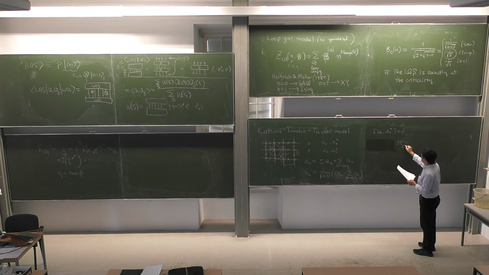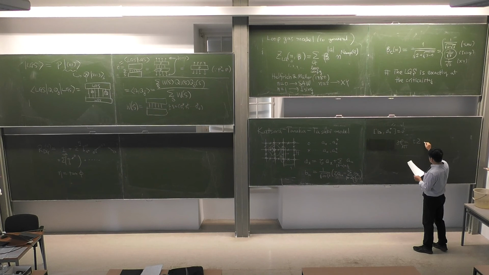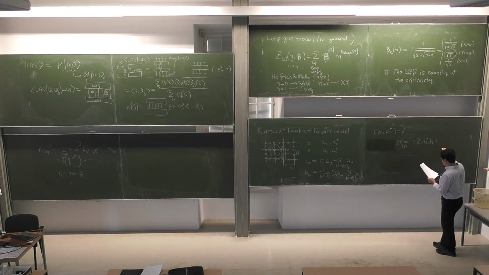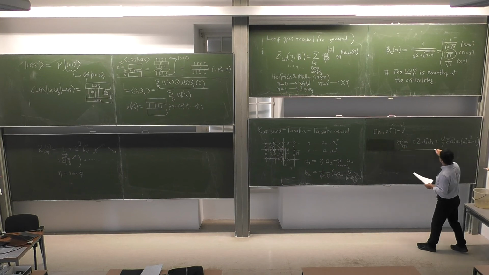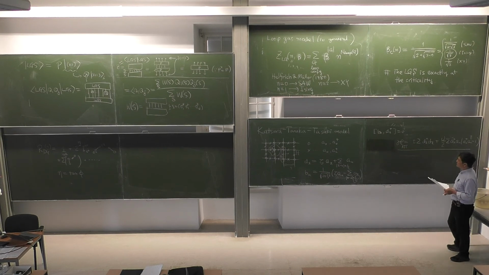Okay, the Katsura-Tanaka-Tasaki Hamiltonian is defined by this: D_X dagger D_X plus A_U dagger A_U minus 1. So this is the definition of the KTT Hamiltonian.